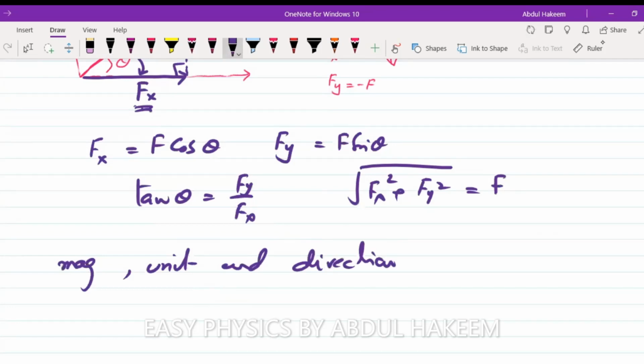But a scalar quantity has magnitude and unit only. It has no fixed direction. So magnitude, unit, direction for the vector.